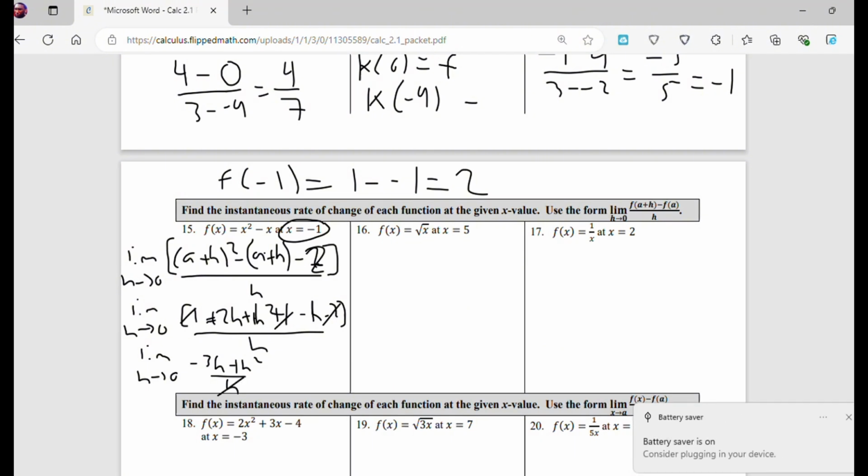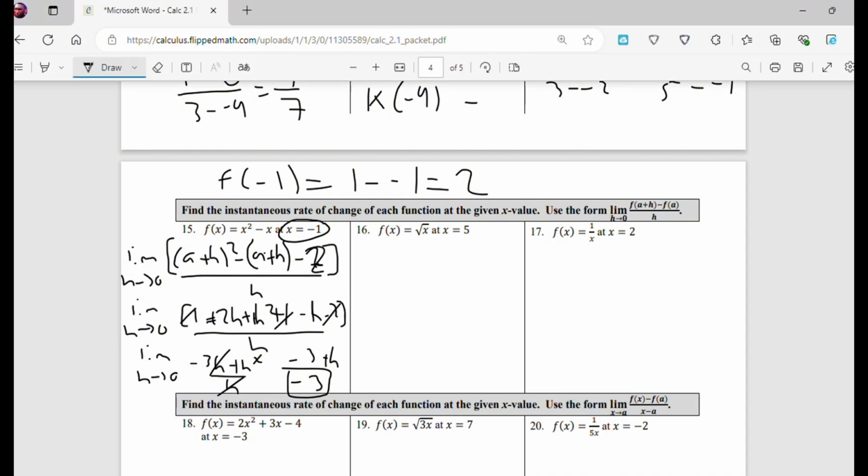Factor this out, and we get negative 3 plus h, and as h approaches 0, we get negative 3. Now, I apologize greatly. That explanation was not the best, but I hope you could follow along. I'll try to explain this next one better. All right.